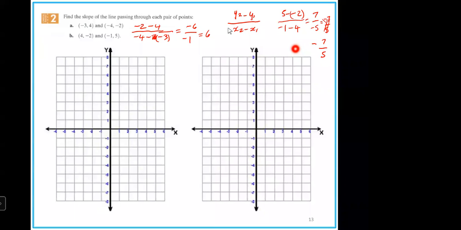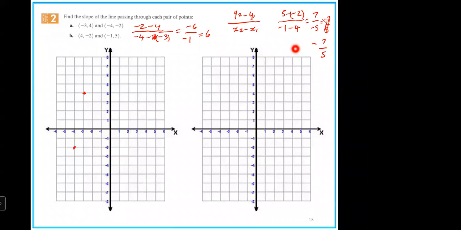And so you could always plot the two. The first one is -3, 4. So -3, 4 is right here. And -4, -2 is right here.